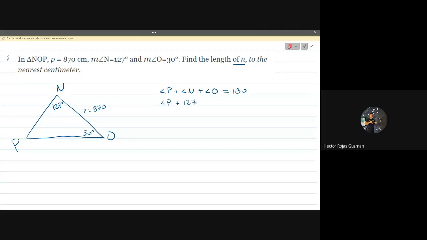If we add the angles that we have right here, we get 157. And I can now subtract these, giving me the measurement of angle P to be 23 degrees. So 23 degrees. Now I can reassess.